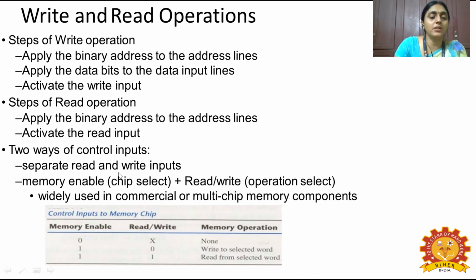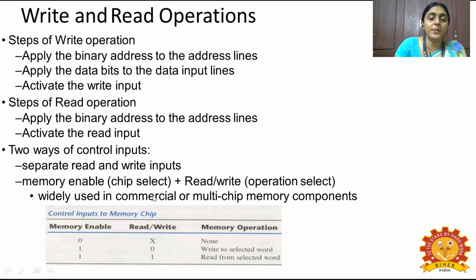So this table shows the control inputs to the memory chip. When the memory enable is 0 and the read or write operation is x, the memory operation is none. When the memory operation is write to the selected word, the read or write input holds 0 and memory enable holds 1.